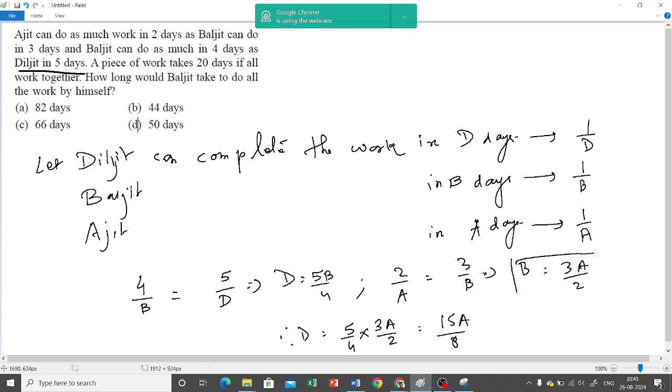So we have B in terms of A, we have D in terms of A, and we have A in terms of A. Now it is given that a piece of work takes 20 days to complete. What does that mean?